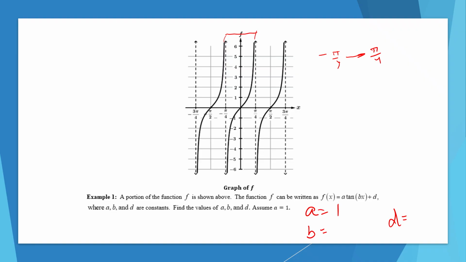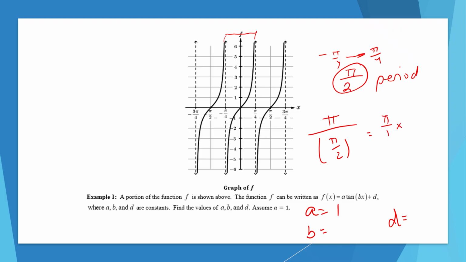It's a length or distance of twice that, which is pi over 2. So that is our period. Our period here is pi over 2. And so our b value should be pi divided by pi over 2, which is pi times the reciprocal. So keep, change, flip, which is just 2. So here b should be 2.